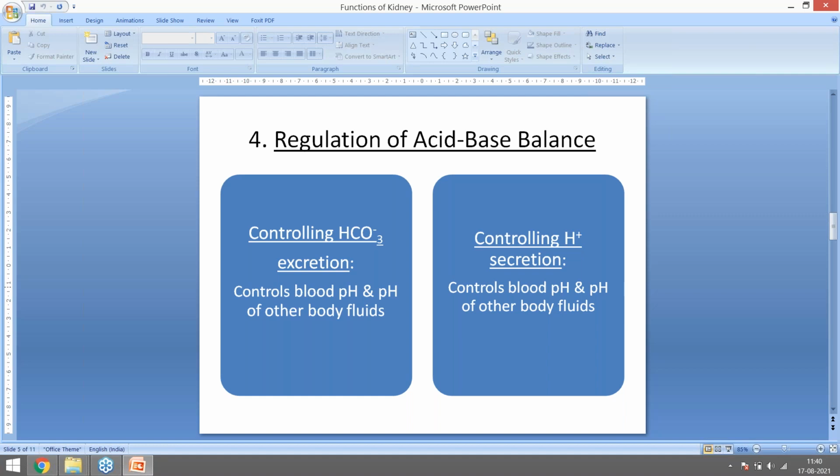One, controlling bicarbonate excretion, and secondly, by controlling hydrogen secretion. So in both the cases, the renal system controls the blood pH and the pH of body fluids by secreting these two ions, secretion and excretion of hydrogen and bicarbonate ions.